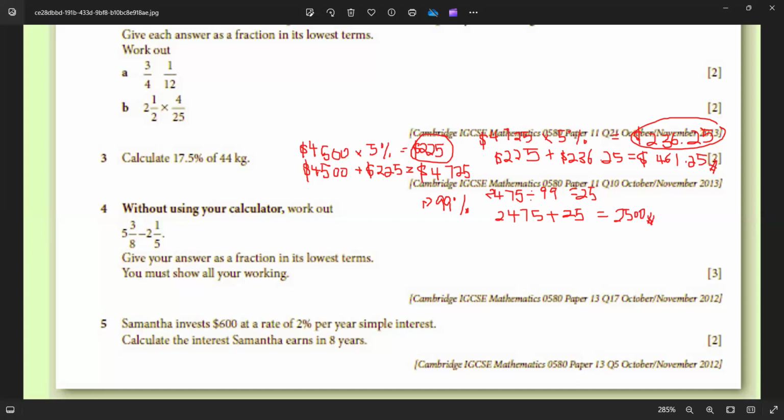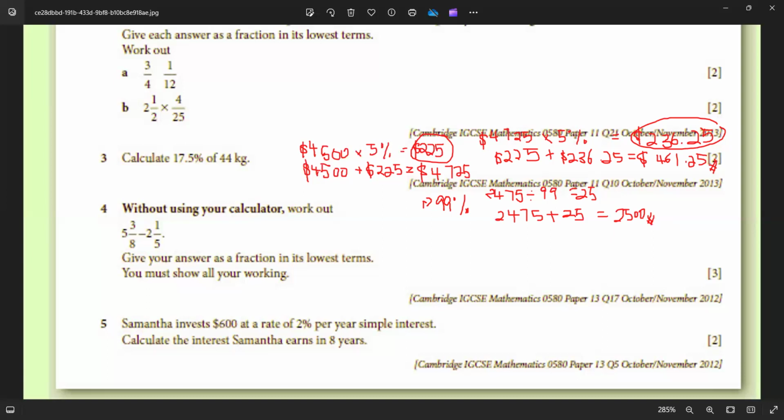Now question 10. Work out 2 and 5/8 times 3/7. So we'll change 2 and 5/8 to not be a mixed number.